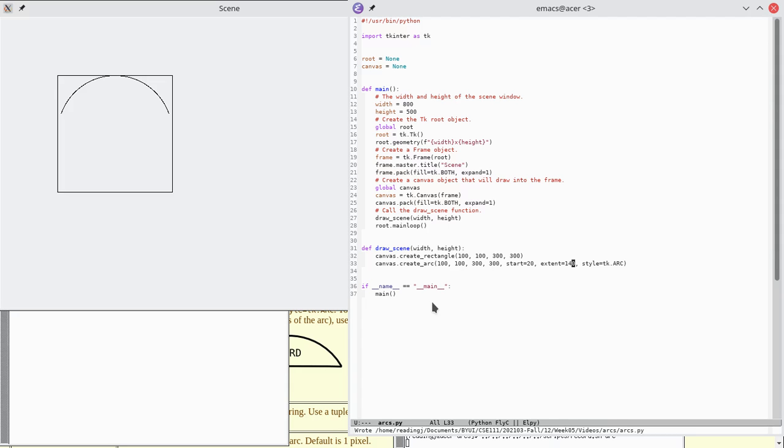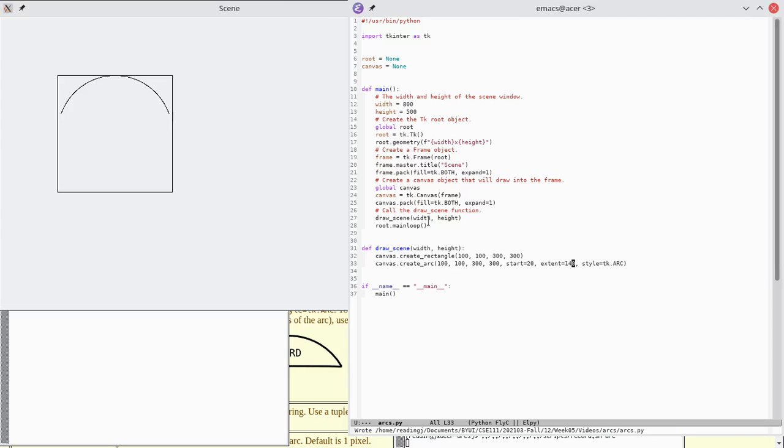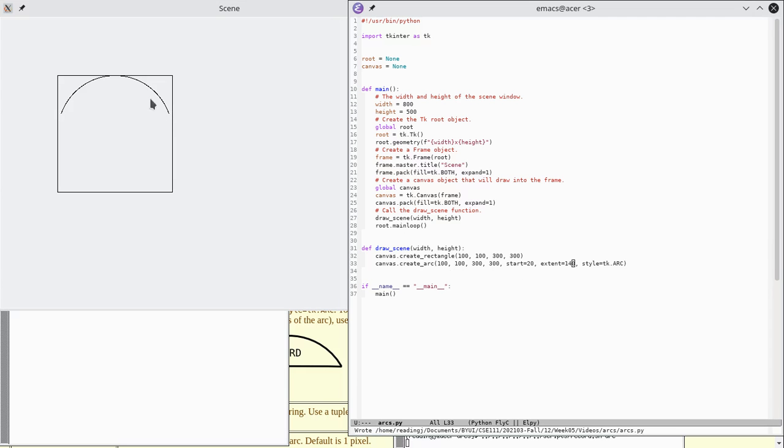So when you're trying to draw an arc, you may be thinking about where this point is, but this point is not evident anywhere in this description because we have the bounding box, the start angle, and how far the arc goes.